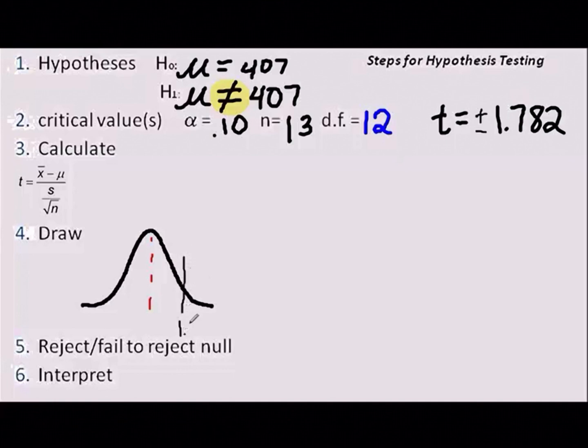Positive 1.782 with its rejection region, and negative 1.782 and its rejection region. Now I need to find my calculated t. Let's go back to the data.